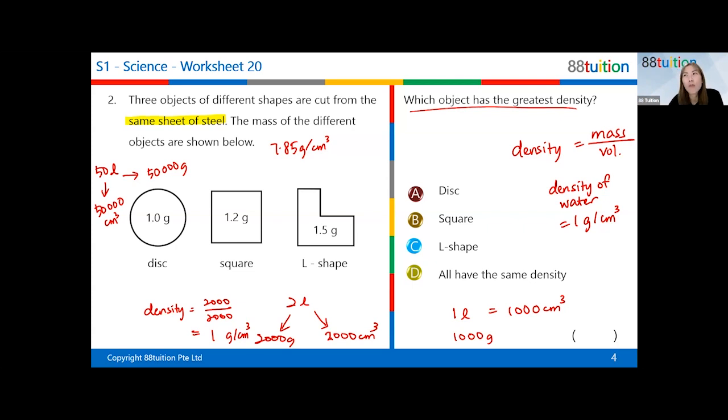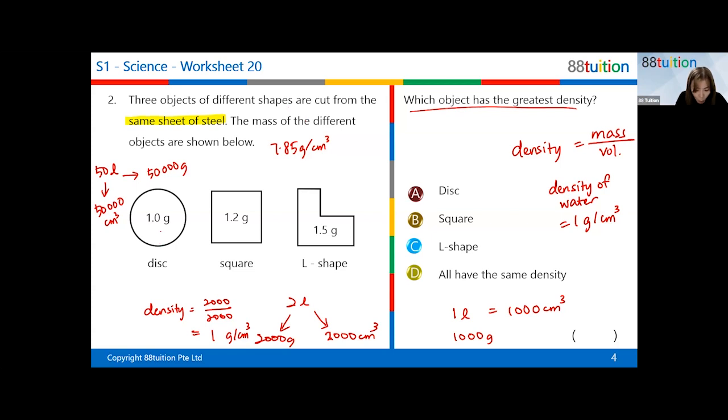So density is not about how big a container you are using. The density of that substance is about what is packed in that volume or in that space. Clear? Okay, so water is just water. We cannot say that, oh, because I use a huge bathtub to put water, the density of water is higher. That means you don't have conceptual understanding. Clear or not? So in this case, now we talk about steel, right?